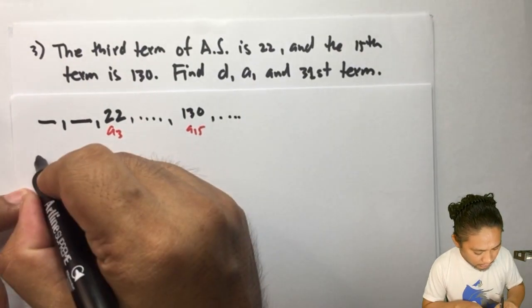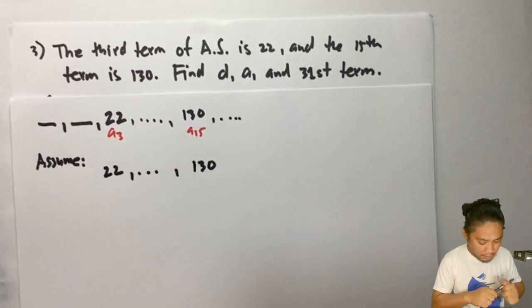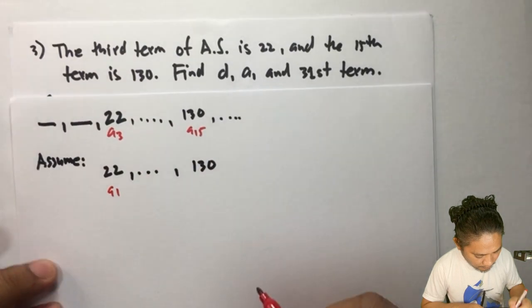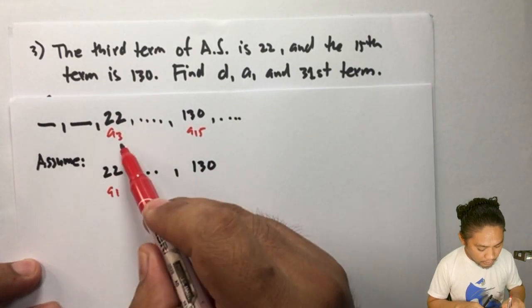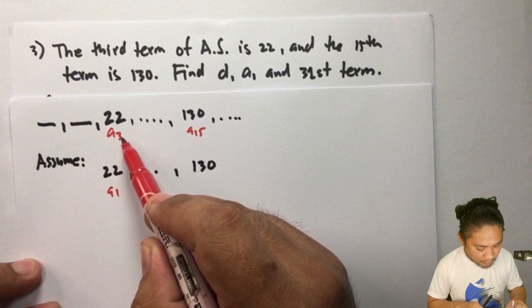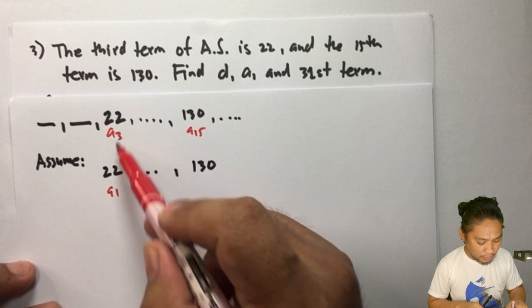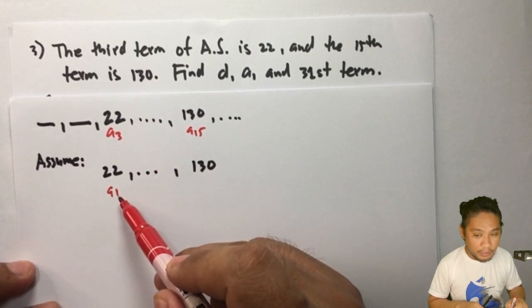So in order for us to solve that, we need to assume that our 22 is our first term. So our a sub 3, which is the original position of the 22, becomes a sub 1 by subtracting 2.